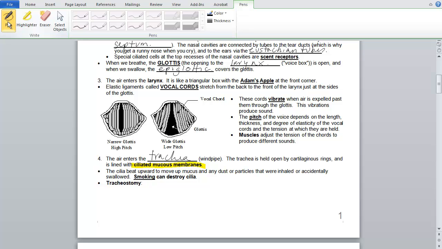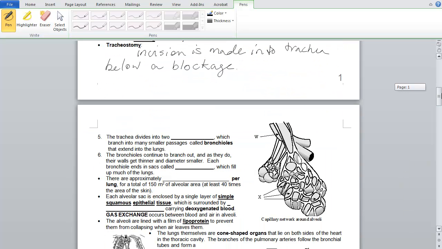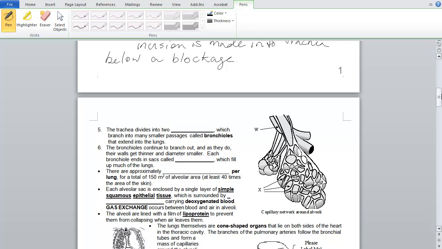A tracheotomy is when an incision is made into the trachea below a blockage. So this is if you're choking to death, and then a tube would be inserted into that opening made in your trachea to allow you to access the air on the outside.